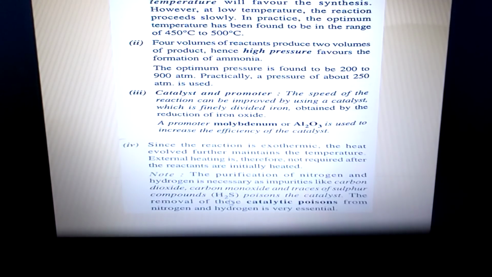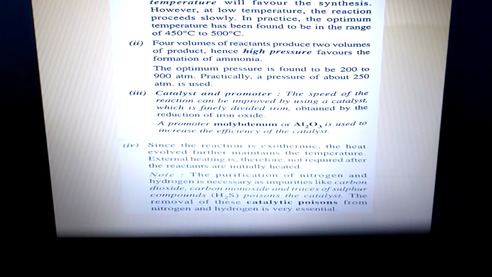These impurities are going to poison our catalyst, that is iron. So before we allow nitrogen and hydrogen into our Haber's chamber, carbon monoxide, carbon dioxide and H2S have to be removed. Otherwise they will spoil the efficiency of our catalyst. So these are the few give reasons which can be asked from the Haber's process.